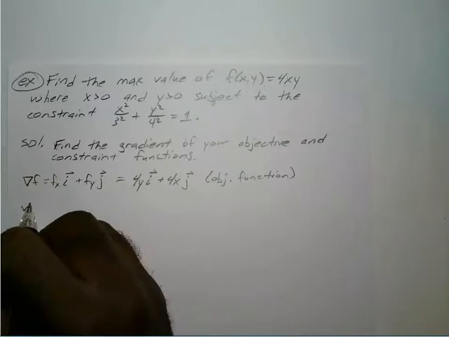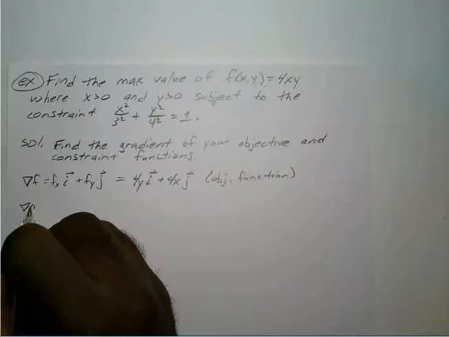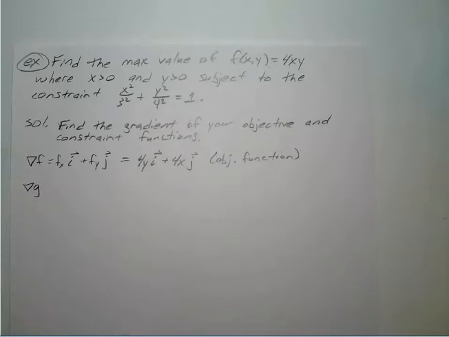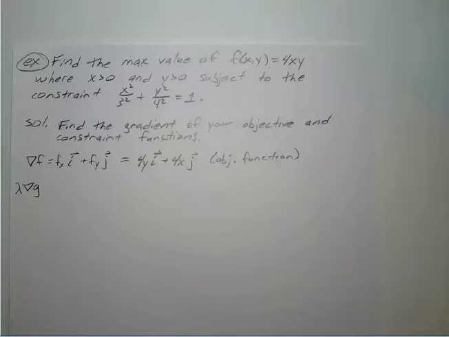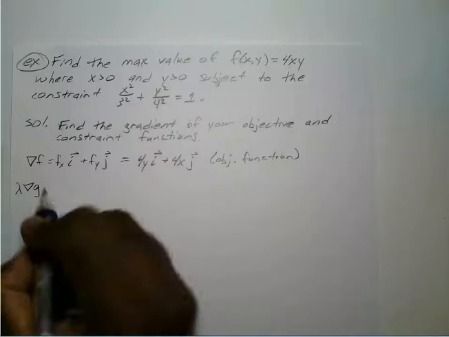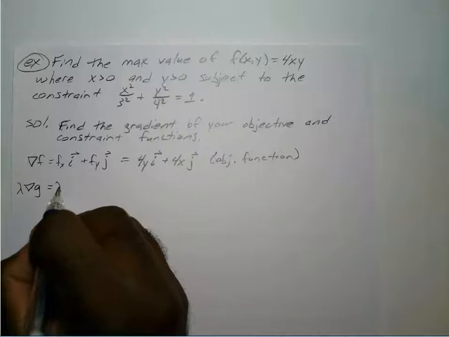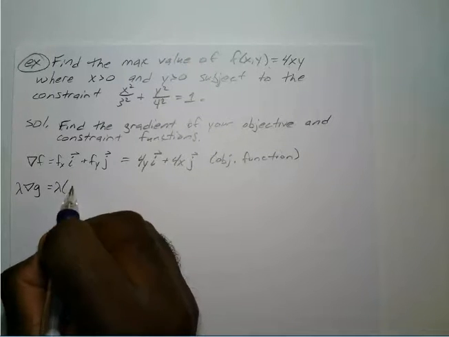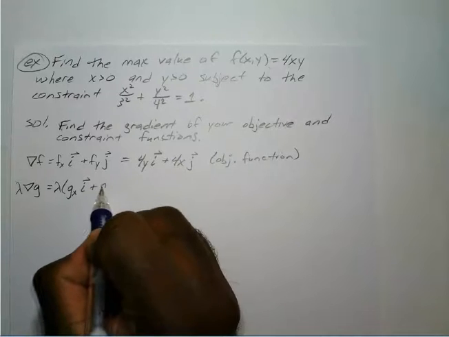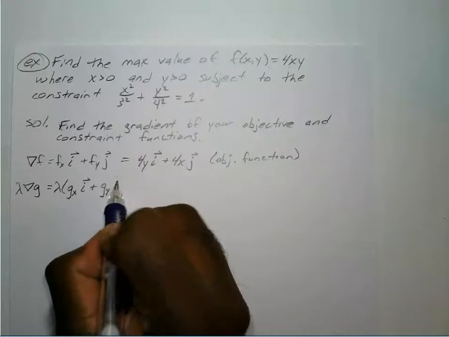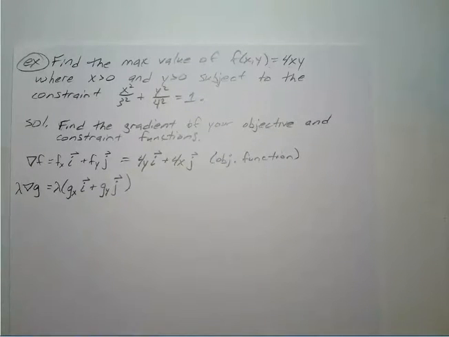Now we find the gradient of g. But remember, we're not looking for the gradient, we're looking for lambda times the gradient. So that's going to be lambda times the partial of g with respect to x times your i vector plus the partial of g with respect to y times your j vector.